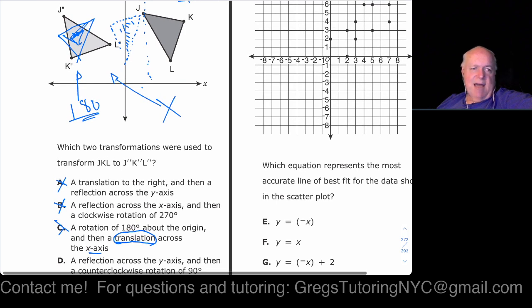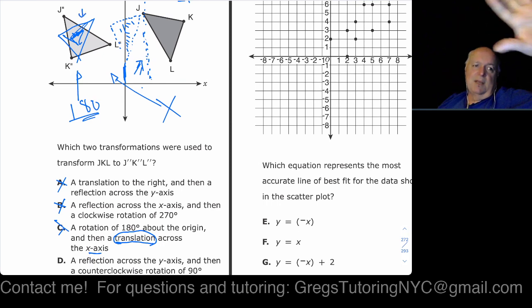So I did the dotted blue thing, and that was a reflection across this dotted blue line right here. Wait a second. Why is that not working? So if it's reflected across the y-axis, it's going to end up over here. So it seems the first half of D is correct. That blue shaded thing I put on top of the light shaded triangle, that's where it's supposed to be.